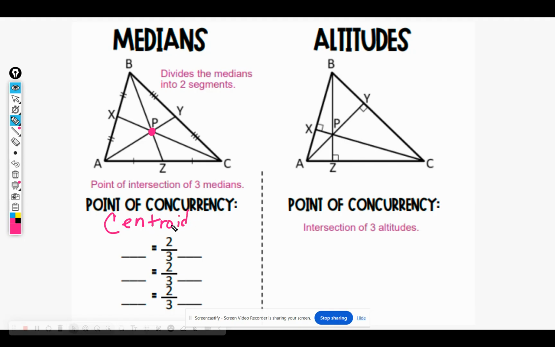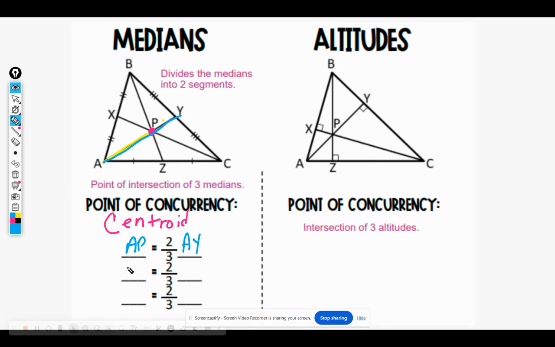So when you're solving for the centroid, let's look at line AP. That line AP equals 2/3 of the whole line, and the whole line will be line AY. So AP is equal to 2/3 of AY.